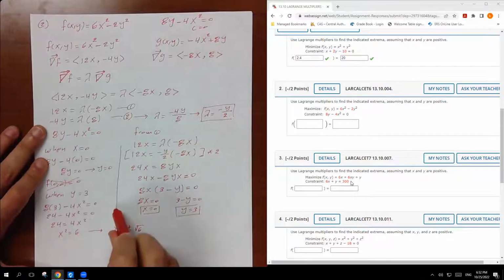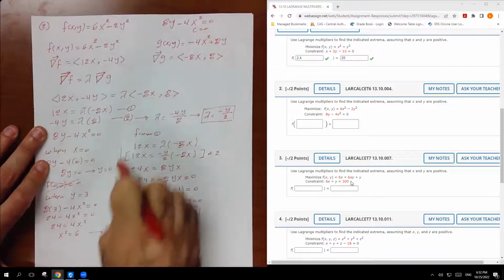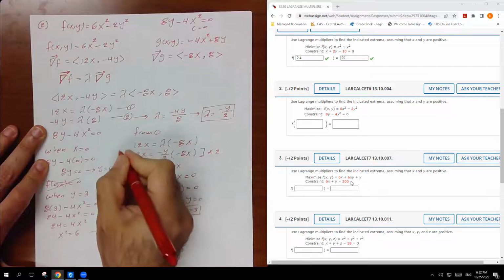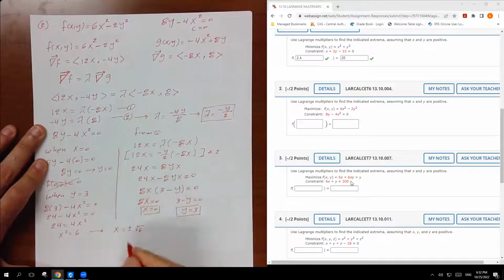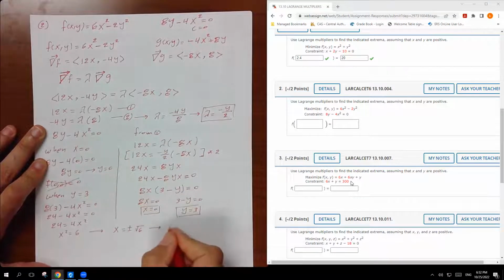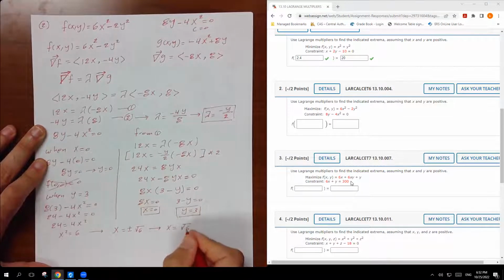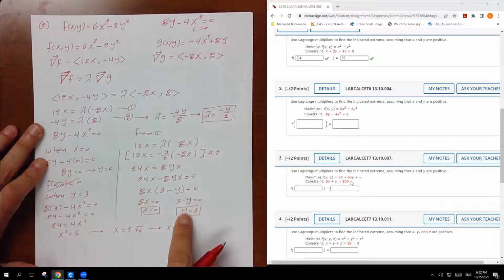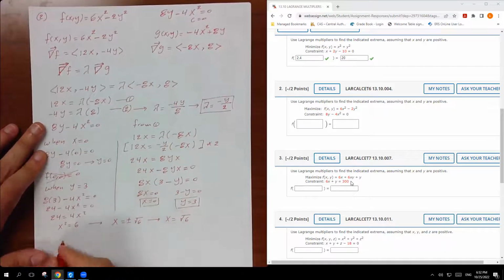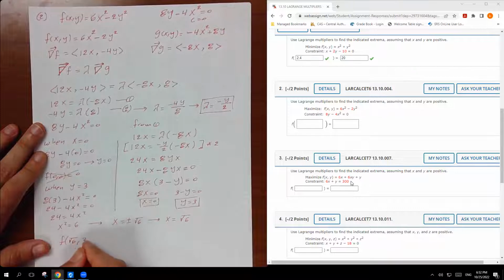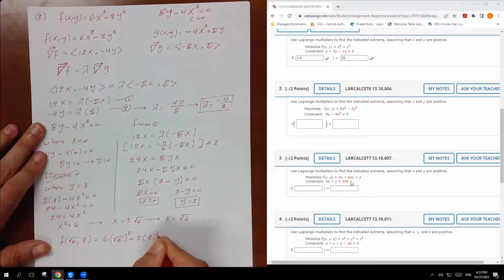They're telling you in this example to consider that x and y are positive. So we can't take the negative one. That means x is going to be only square root of 6, and y equals 3. So f of x, y is going to be 6 times x, which is square root of 6 squared, minus 2 times 3 squared.